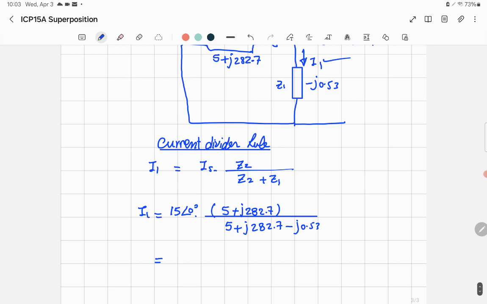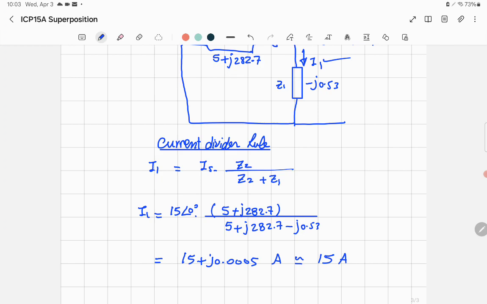When I did that in the calculator, I found that it's equal to 15 plus J 0.0005 milliamp. The imaginary part is so small, it's about 0.1% of the real number. So you can round it to 15 mA on angle 0.